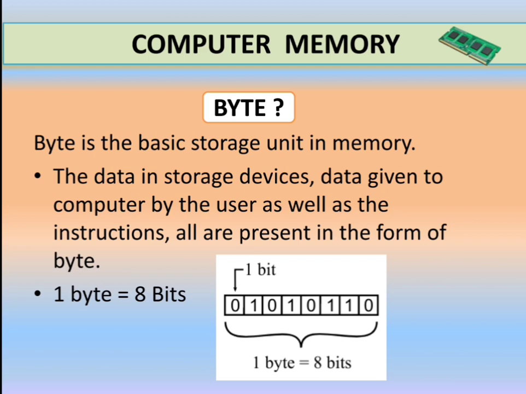So from here you can see that a byte is greater, because when we combine 8 bits, we get 1 byte. Let us understand it more.